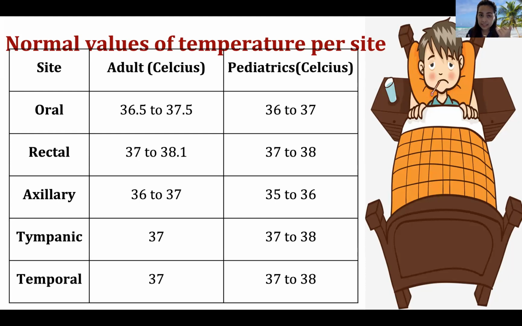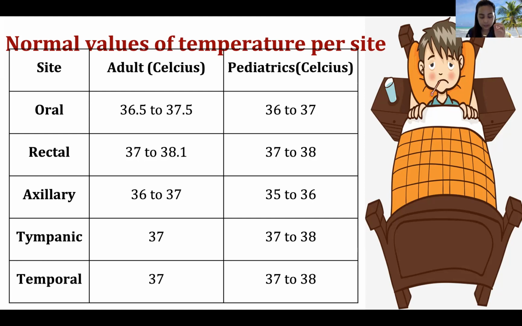So if we base it from our previous learning, that this is a sign of fever, but it's not, because 38.1 is normal for rectal temperature. Why? Because it's inside. It's hot inside, so it will generate a higher temperature.